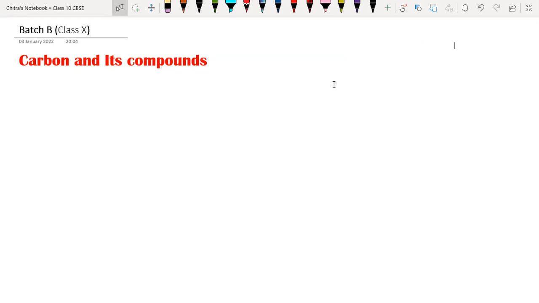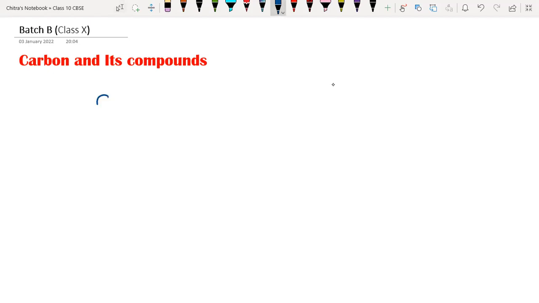Carbohydrates, which are the energy-providing nutrient, proteins, and fats are all made up of carbon. Other elements are also there, but carbon is very important. So I'm going to make you understand about carbon.